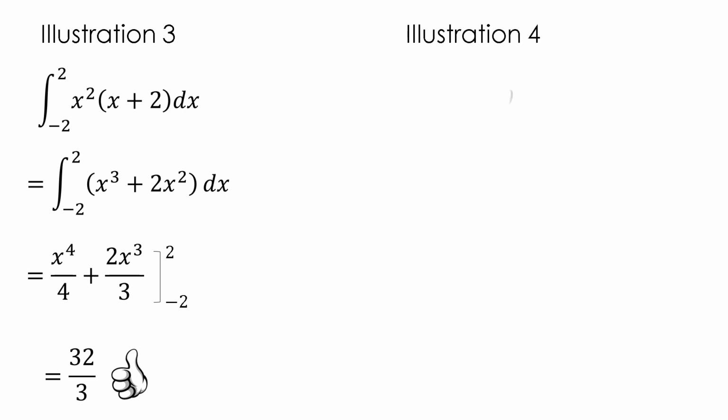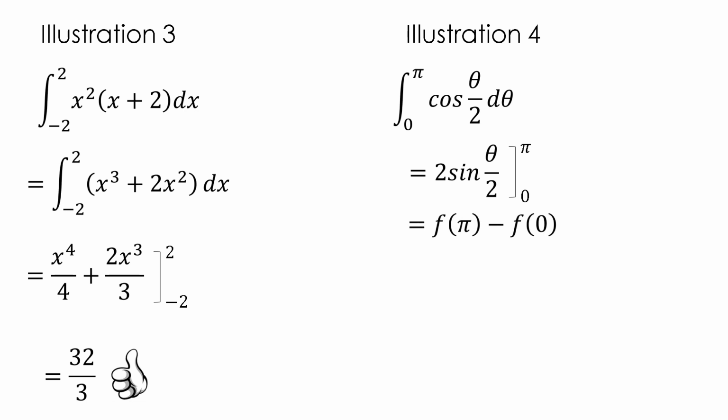If we take the integral from 0 to pi of cosine theta over 2 d theta, this will be equal to 2 sine of theta over 2 with limits from 0 to pi. We evaluate this by taking the function of pi minus the function of 0.